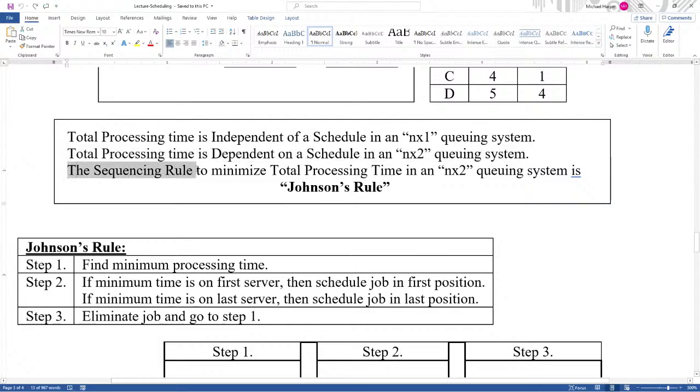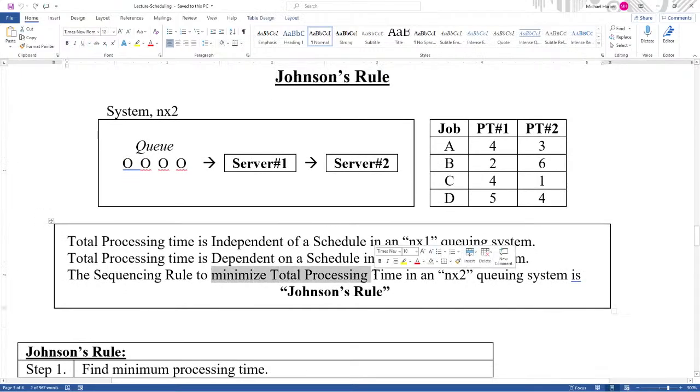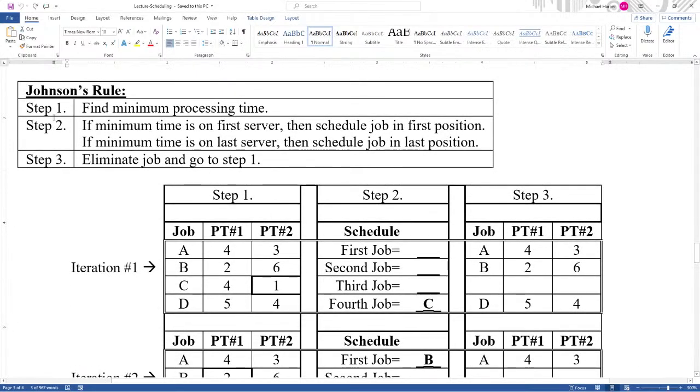The sequencing rule to minimize the total processing time in an n-by-2 queuing system is Johnson's rule. So Johnson's rule is a sequencing rule for an n-by-2 system that will minimize the total processing time. It's a 3-step algorithm, 1, 2, 3. So let's just do it.